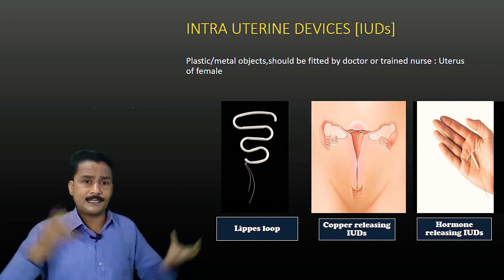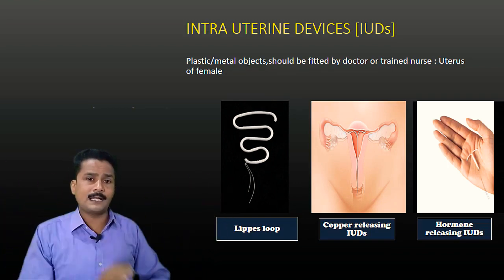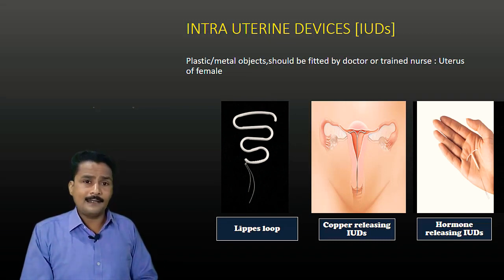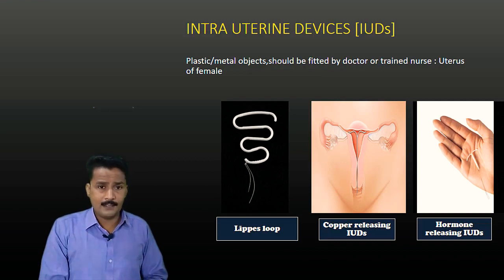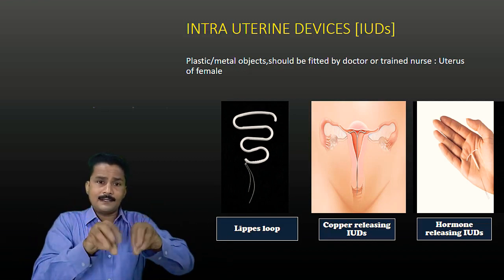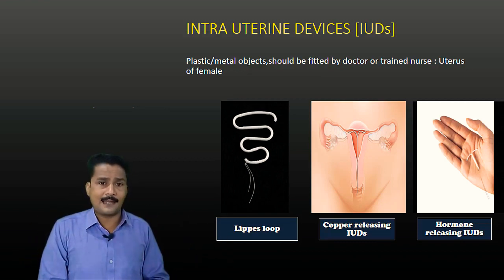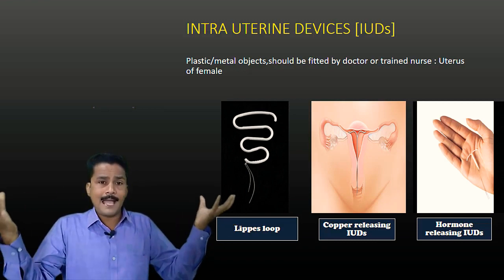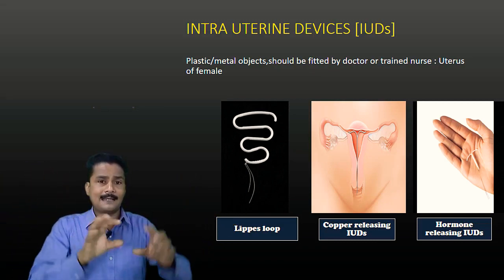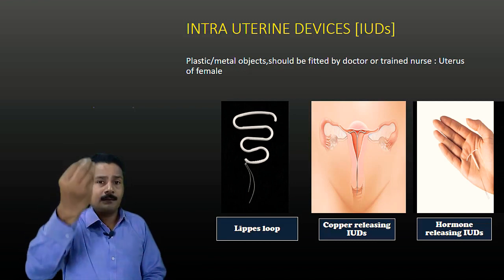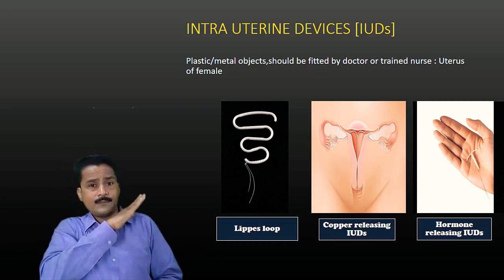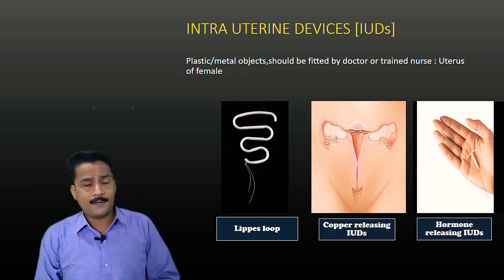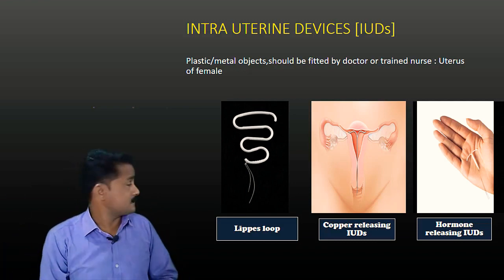These macrophages accumulate toward the uterine cavity and bring about the process of phagocytosis. Means what? When the sperms are released into the female vaginal tract, at that time the macrophages accumulate and complete the process of phagocytosis of the sperms. That means the sperms are destroyed by phagocytosis.